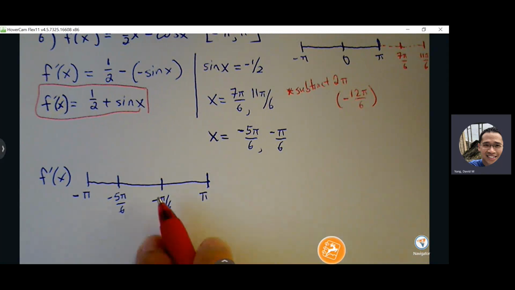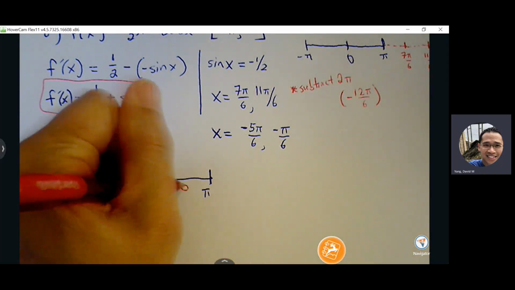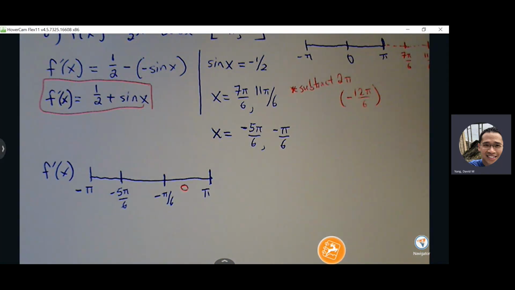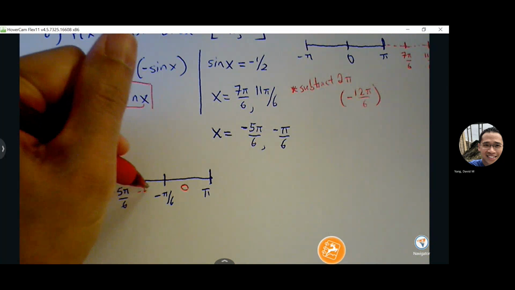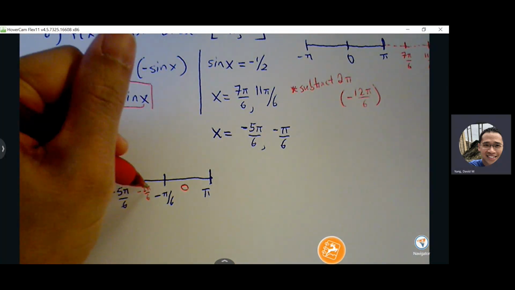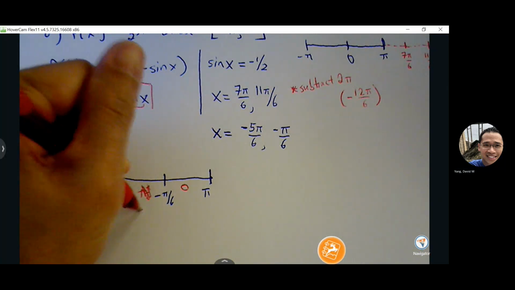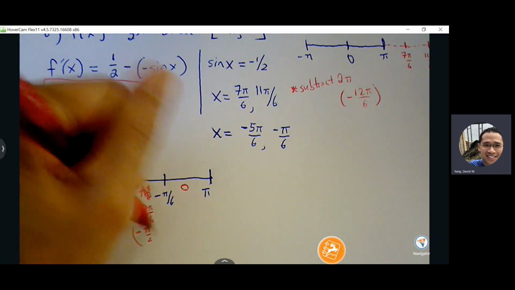Between negative pi over 6 and pi, that's easy. I can choose 0, anytime I can take advantage of 0. Between negative 1 pi over 6 and negative 5 pi over 6, I'll choose negative 2 pi over 6. Or better yet, negative 3 pi over 6, because that's negative pi over 2, and it's easier to plug in something in terms of negative pi over 2.